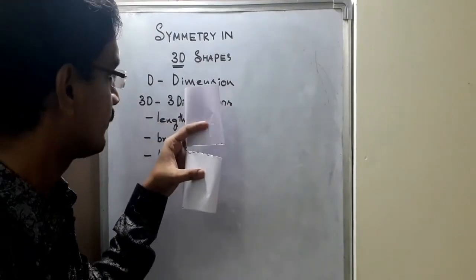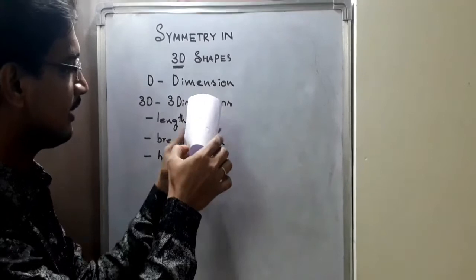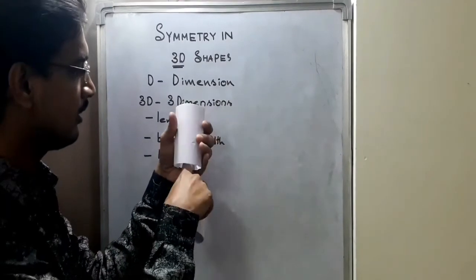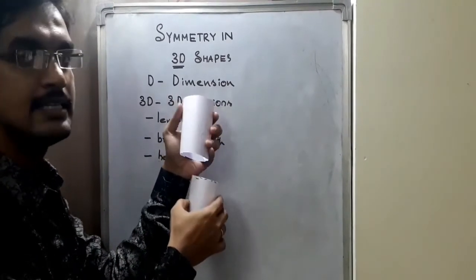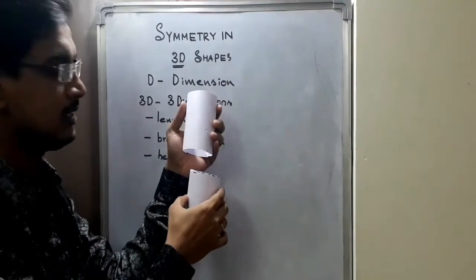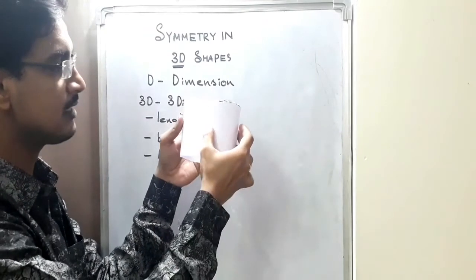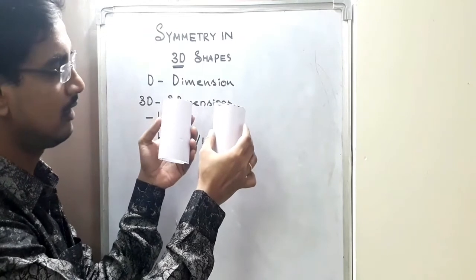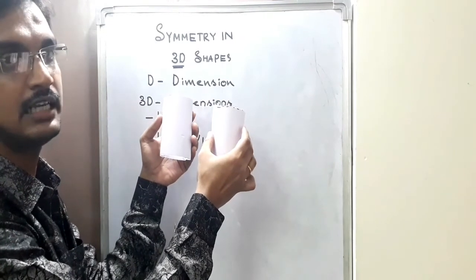Now look, through this we can say that this upper part and the lower one are in symmetry because these are of equal length and shape.